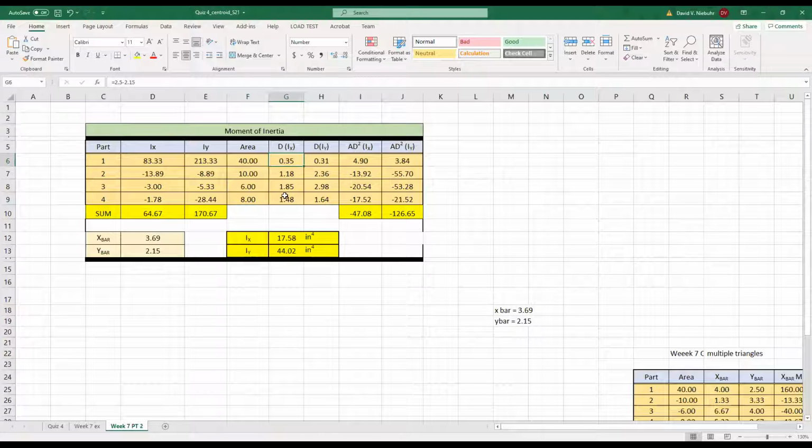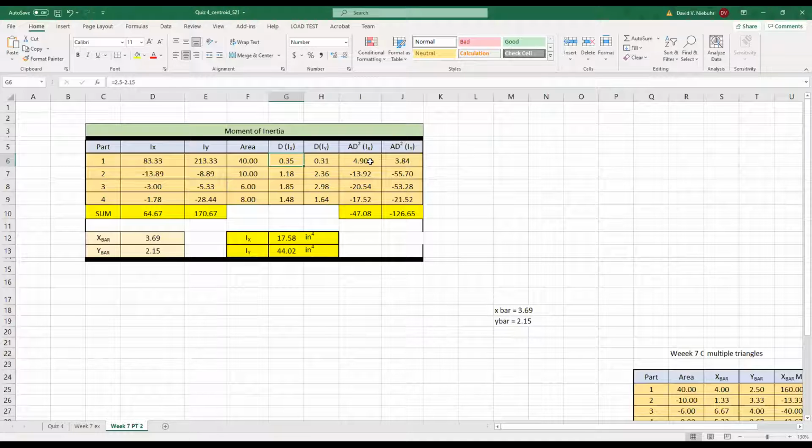The thing that can sometimes be confusing is why I put the IX in parentheses: this D here represents Y bar of the global object minus Y bar of the individual object. Because remember, when you're doing it about the X-axis, the Y bar is what you're interested in. And for the IY, it's the opposite. Now we're looking at the X bar of the entire object minus the X bar of the individual object.